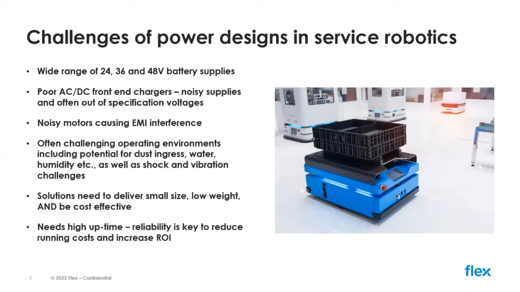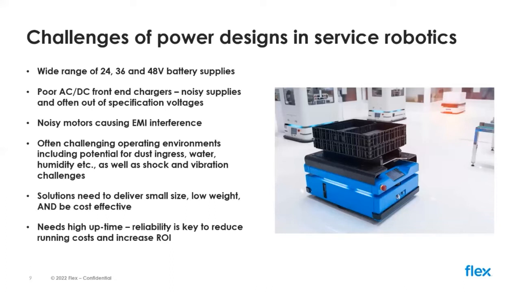They're also fed and powered by typically quite poor quality or low quality AC/DC front end chargers that can be pretty noisy in terms of electrical noise, and quite often will be outside of specification in terms of charging voltages. So at least they can be pretty high when it comes to those float voltages, and sometimes see even higher voltages outside the typical float voltages.